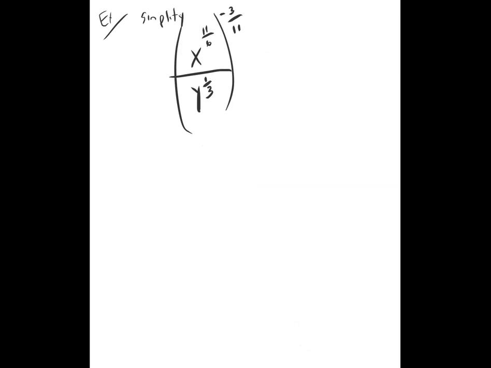So we have to apply the product rule, which means we're going to multiply. So this is going to be x to the power of 11 over 6 times negative 3 over 11, over y to the power of 1 over 3 times negative 3 over 11.